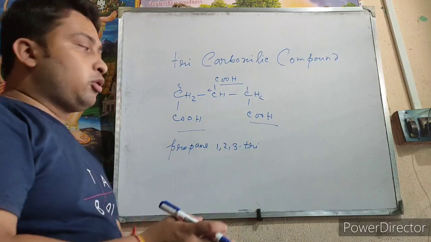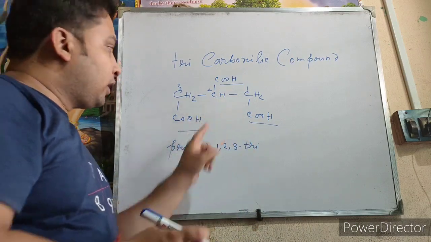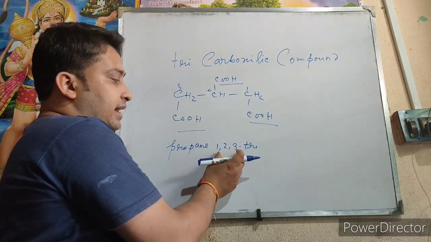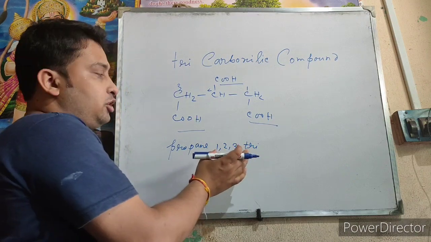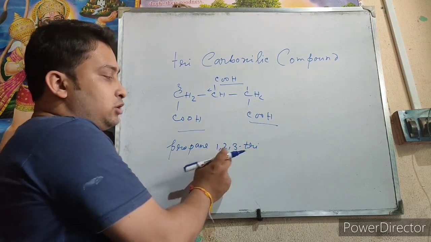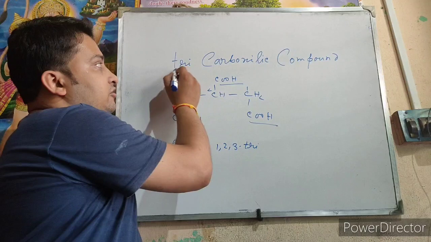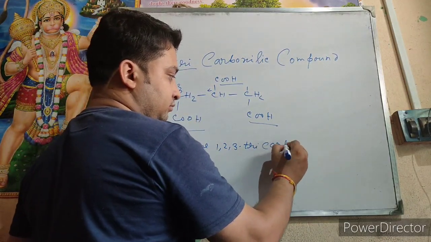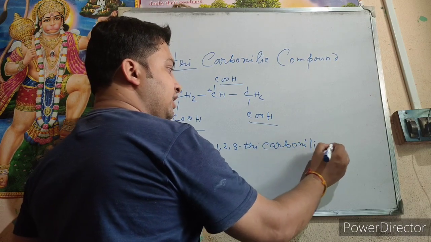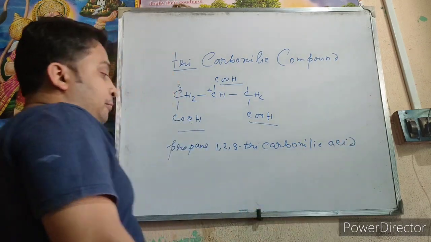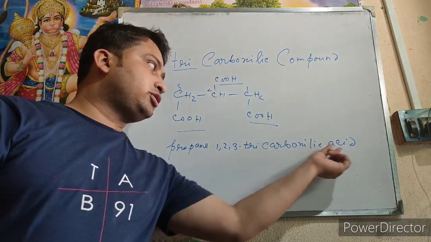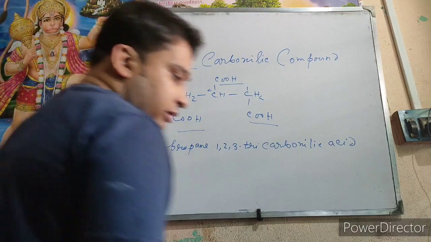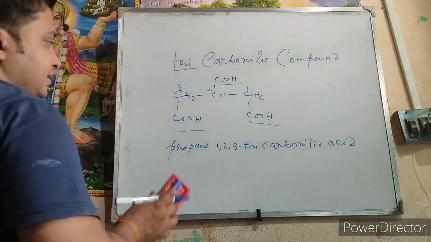The positions of COOH are 1, 2 and 3, so we write the positions of the COOH, and tri means three groups. So this is propane-1,2,3-tricarboxylic acid. Now you can take another example.